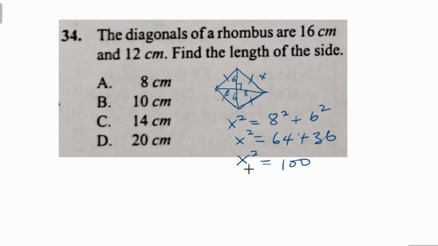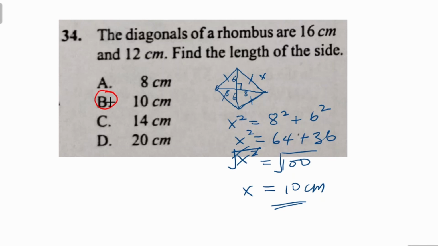We are solving for the value of x, which is the same as the length of the side. So how do we get rid of the square? Yes, we take the square root, and whatever we do to the left, we do the same thing to the right. So this square cancels out the square root, and our x becomes the square root of 100, which is 10, so 10 centimeters, and that is option B.